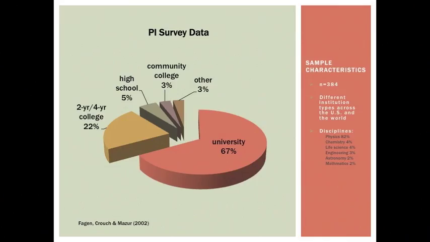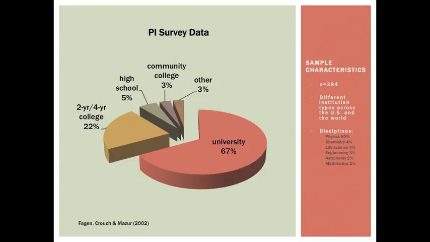What are the results of peer instruction? Here we have some survey data. And here you can see that peer instruction has been used across different institution types. In this survey, mostly universities, but also colleges, community colleges, and high schools, across different subject areas.